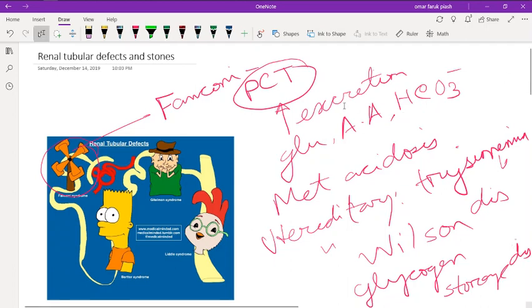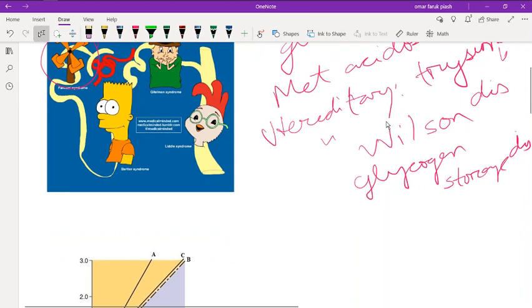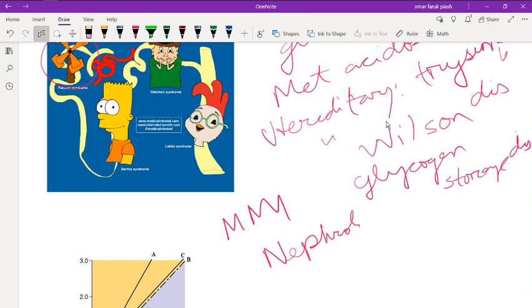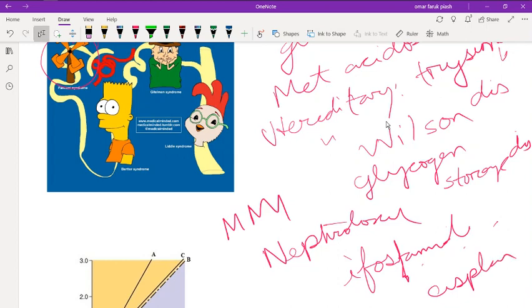And the other causes include multiple myeloma and nephrotoxic drugs like ifosfamide, cisplatin, and lead.